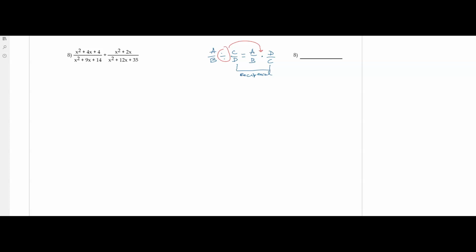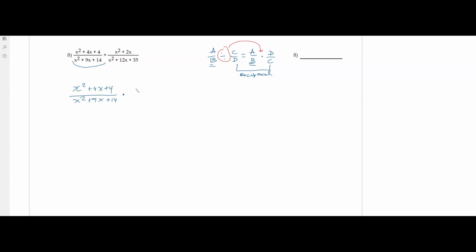Okay, so let's do exactly that. We have two rational expressions, which is the same thing as fractions, and we want to turn this into multiplication. So I'm going to rewrite this the same way, just like it says here: x squared plus 4x plus 4 over x squared plus 9x plus 14, times the reciprocal of x squared plus 2x over x squared plus 12x plus 35.